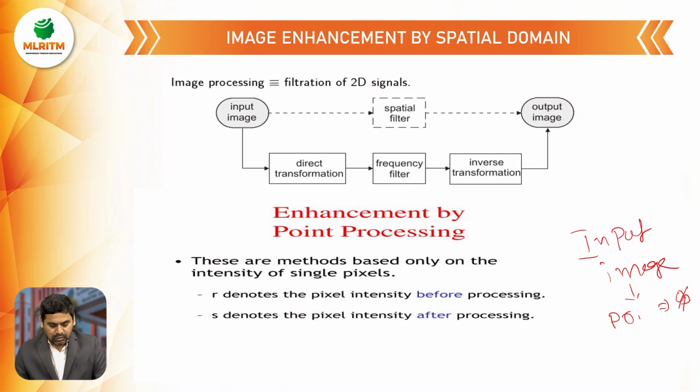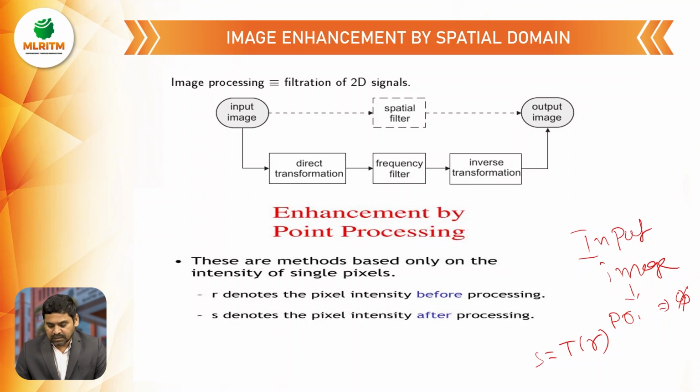In enhancement by point processing, S equal to T of R. R denotes the pixel intensity before processing, and S denotes the value after processing of the particular pixel.